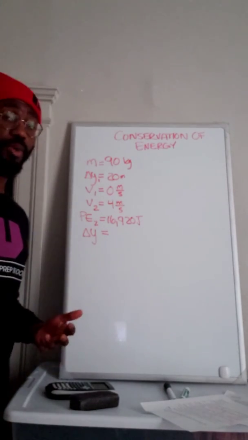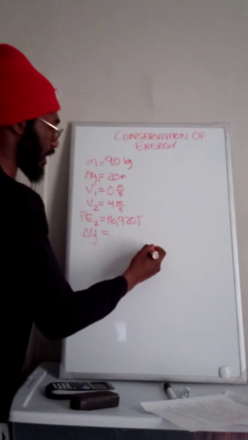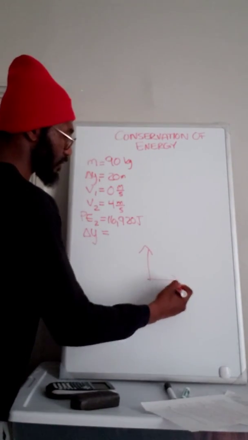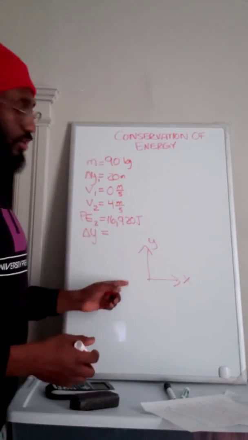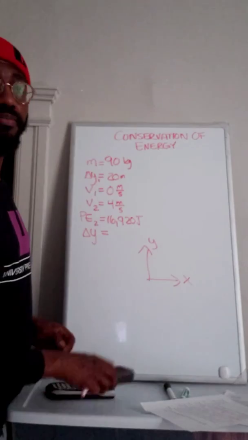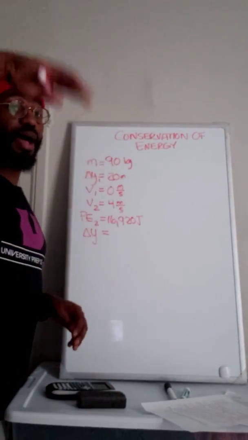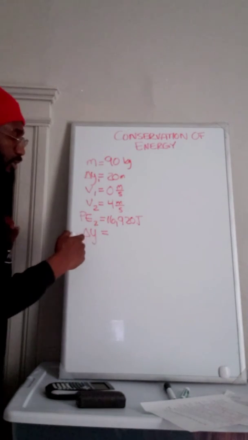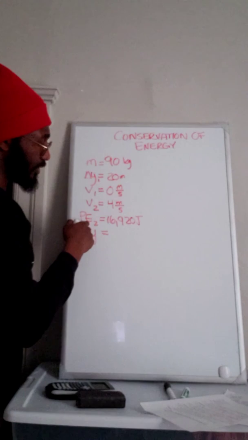We know it's delta y, because remember, delta y is talking about vertical height. Delta x is anything horizontal. So we're talking about a delta y. How high is she still?